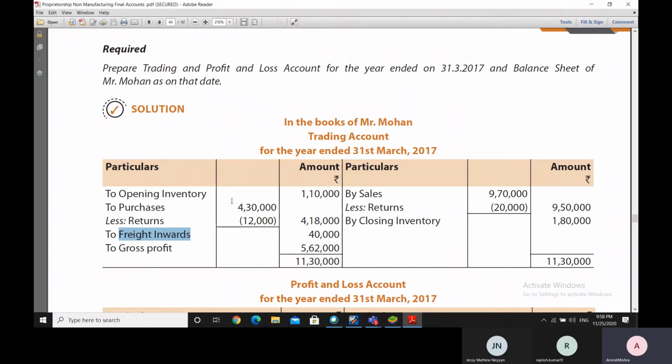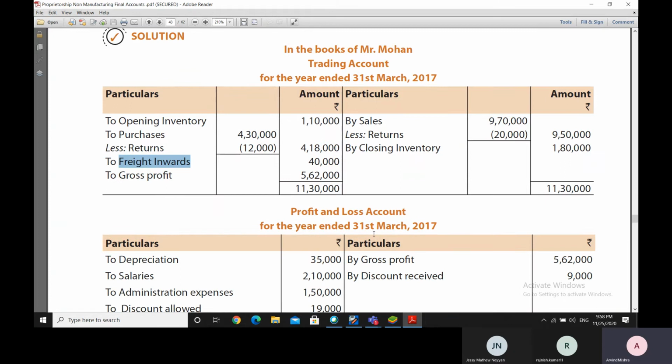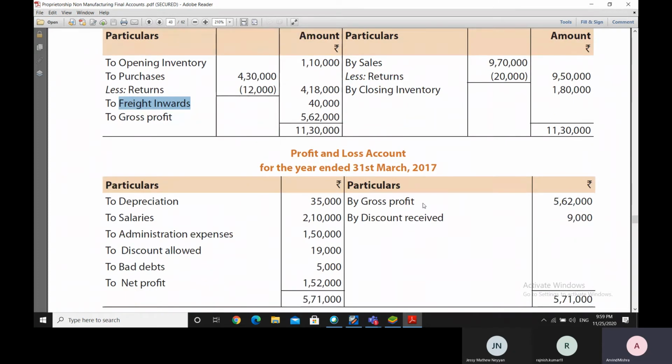Other entries in the trading account are opening inventory, closing inventory, purchase returns, and sales returns. The purchase returns have to be reduced from the purchases, and sales returns have to be reduced from the sales. Finally, the difference of both sides is the gross profit, and then the gross profit has to be carried forward to the profit and loss account.